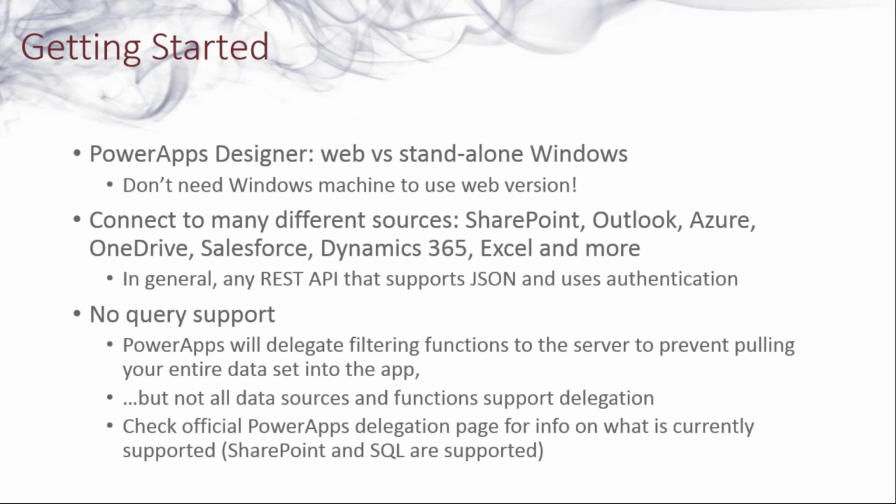What PowerApps does is, if you want to filter or pull back only a portion of your data, it delegates certain parts of your filtering function to the server so that it's not always pulling those hundreds or thousands of rows in your SharePoint list or your SQL table back into the application on your little mobile device.